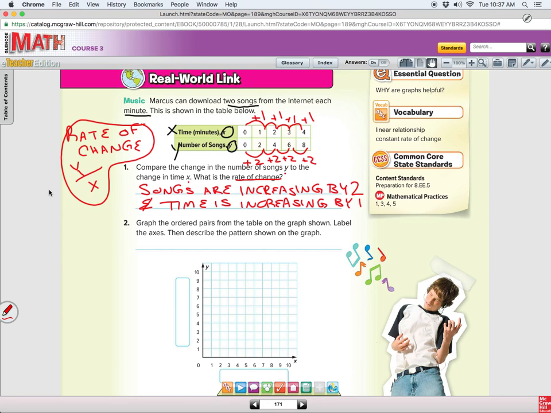So our constant rate of change, we could say it's 2 songs per 1 minute. We could also, if you look back over here at the equation I gave, Y over X, you could say that the rate of change, and this is what you're going to do in some of your work today, is 2 over 1. So we're going to graph the ordered pairs.